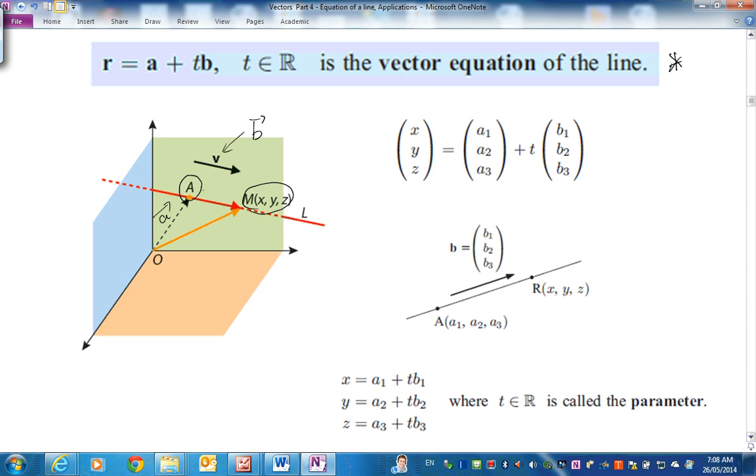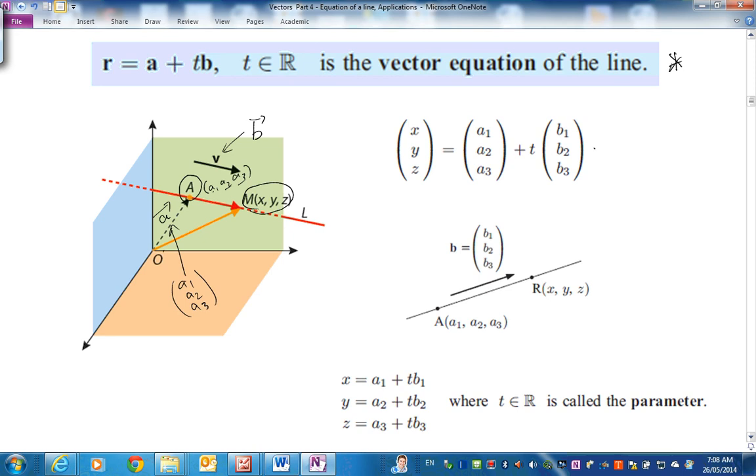It'll be easy to work out because if A is the point A1, A2, A3, we said in the earlier presentations that the vector would be the same components because you're travelling from the origin. Just check that. OA is A1 take 0, A2 take 0, A3 take 0.